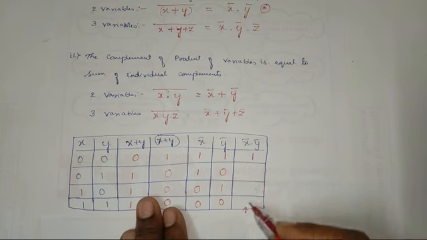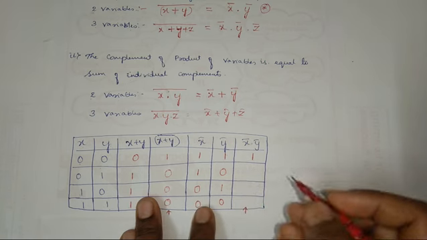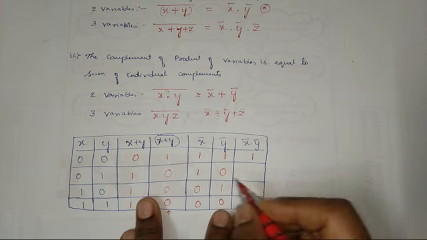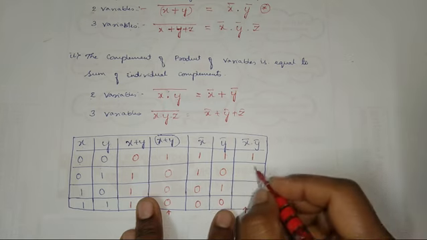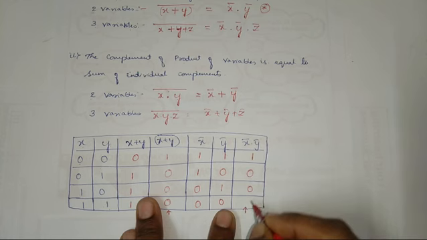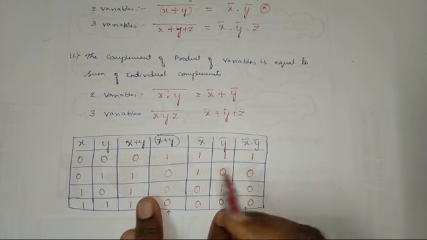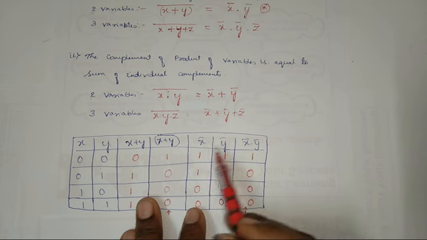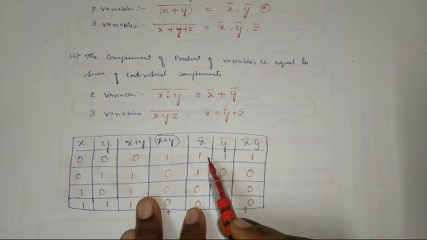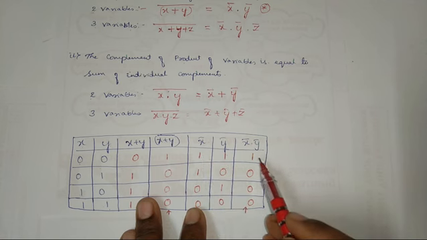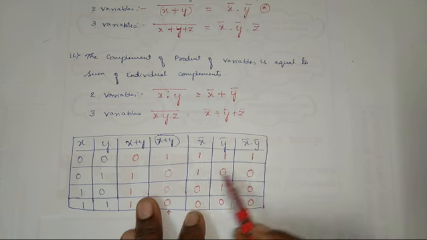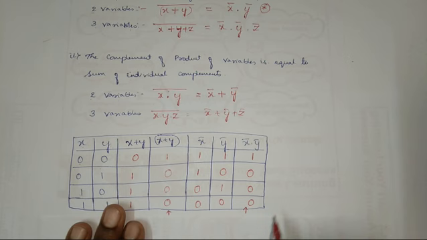Next, these columns I didn't enter, right? So for the rest of the input values, just fill the zeros. For an AND gate, look for all inputs being 1s. When you get all inputs as 1, only then you fill 1 here. For the rest of the columns, you can write 0 directly. It will save your time.